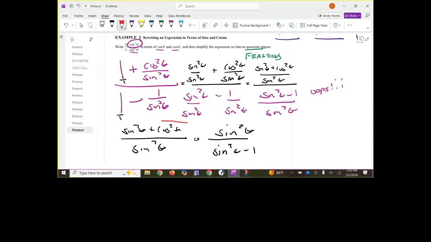All right, here we go. Back again. Okay, this guy here, y'all, that's just going to go to 1. This dude and that dude are going to cancel out because they're both sine squared thetas. So let's see. What are we left with? Upstairs, we got a 1. Downstairs, y'all, we got a sine squared theta minus 1.